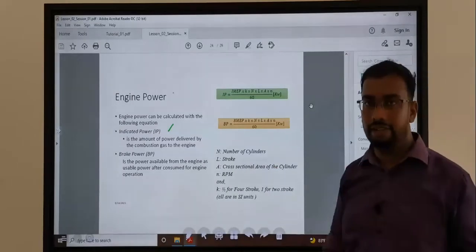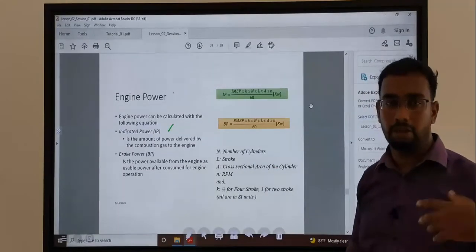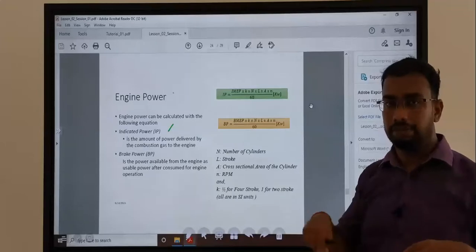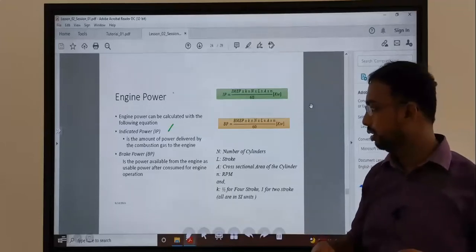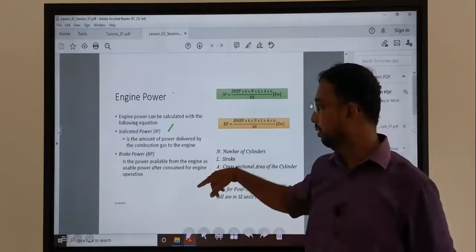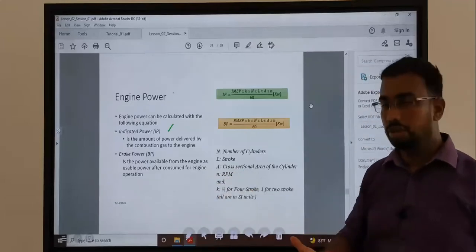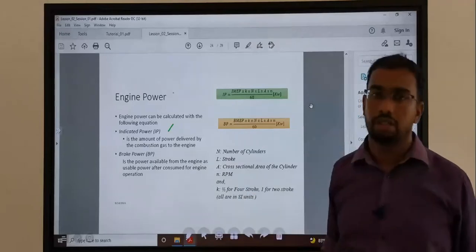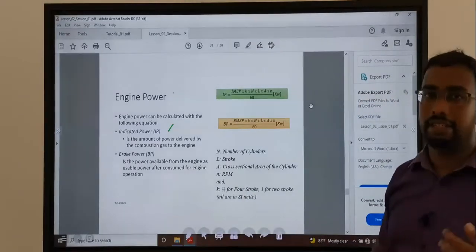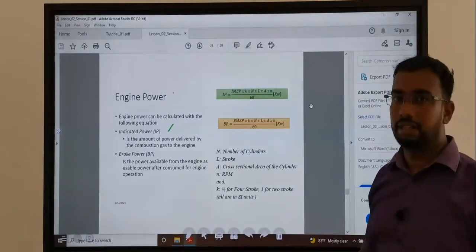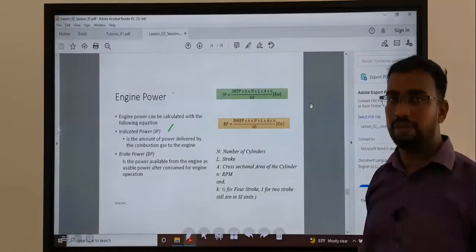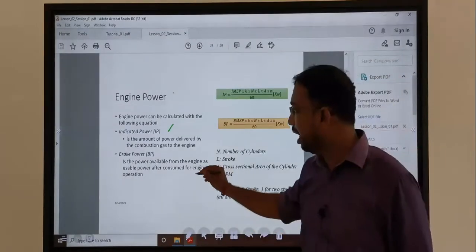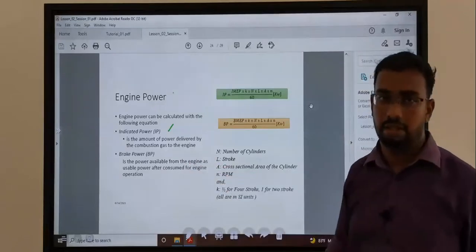The remaining power the engine delivers to the transmission, to make the vehicle function or work. So this is the output power from the engine.